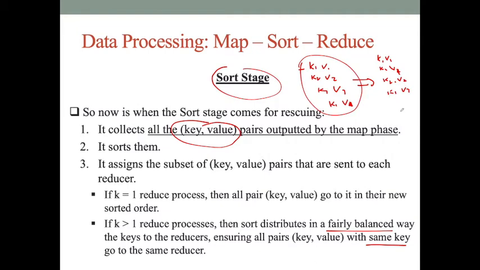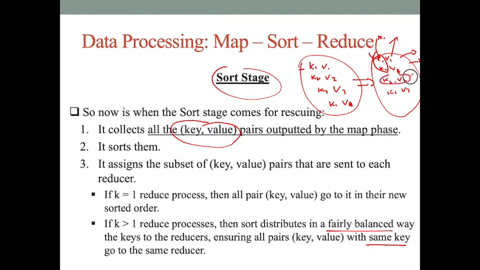So this is going to be sorting all this. We have four keys and four values, and now they are going to be sorted, and then this is going to be forwarded to the reducers, many reducers. But something important is that all the keys with the same value will go for sure to the same reducer. For example, these two go to reducer 1.